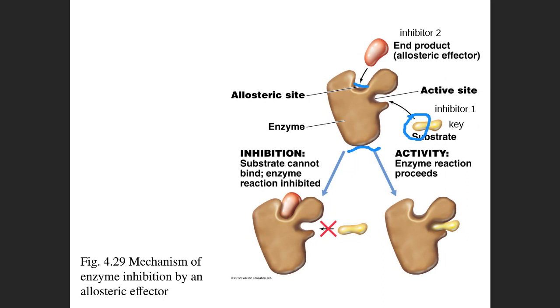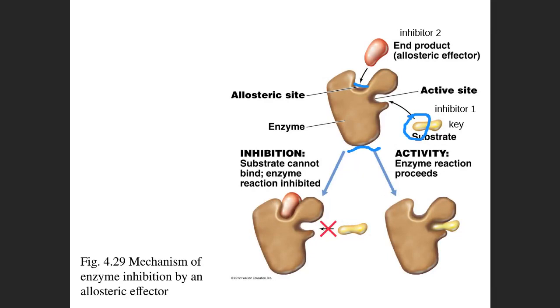And then for the allosteric one, where it binds to the allosteric site, is that something similar, like a key as well? Yes, that's a key as well, except that key is more important. But you have to think about the lock.